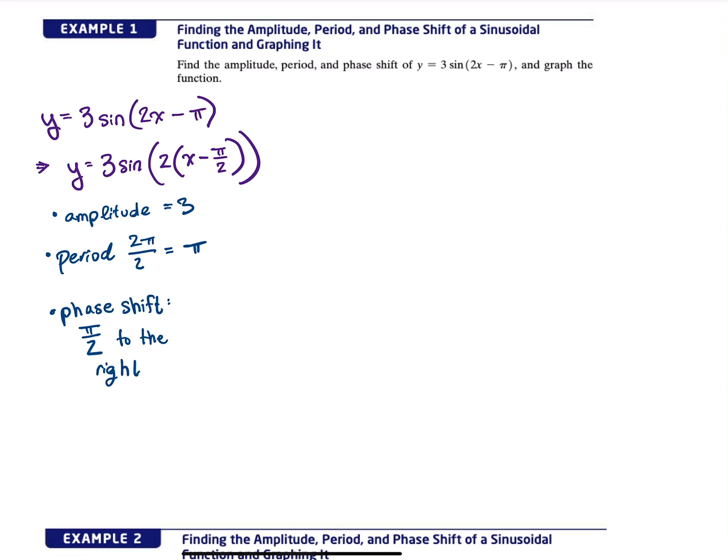So we've been graphing with amplitude changes and period changes, just not yet with a phase shift. So first, let's try to get the graph of something a little bit simpler. Let's say 3 times the sine of 2x.